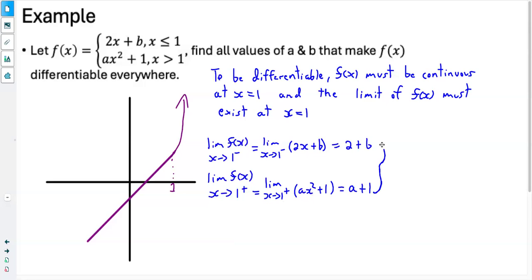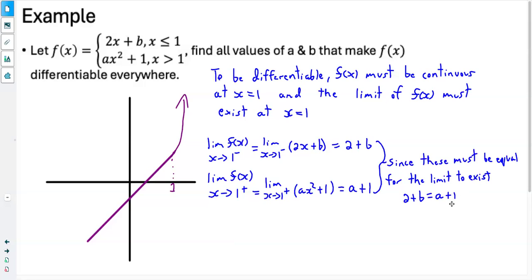Now we can say that since these two things must be equal for the limit to exist, that tells us 2 plus b is equal to a plus 1.